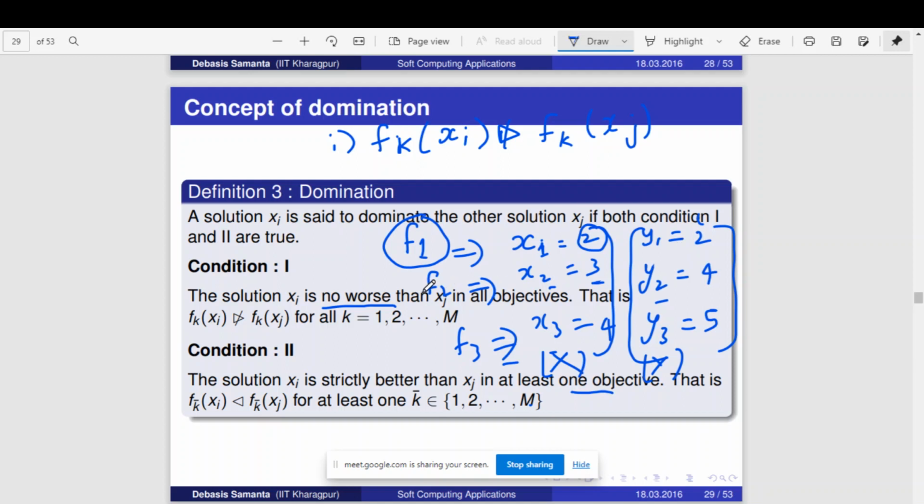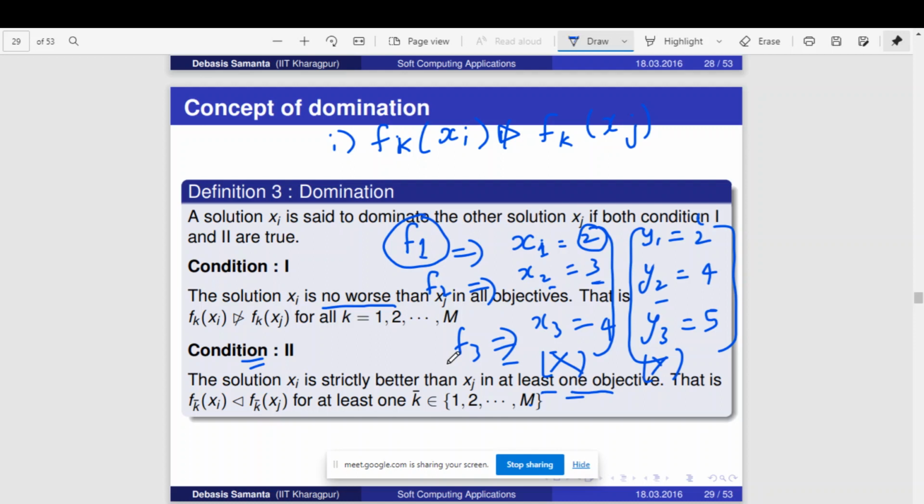Second objective, x2 is better than y2, which means it is not worse than. In the third objective also x3 is better than y3, so it is not worse than. So the first condition is satisfied for all objective functions. What does the second condition say? Better than xj for at least one objective function.